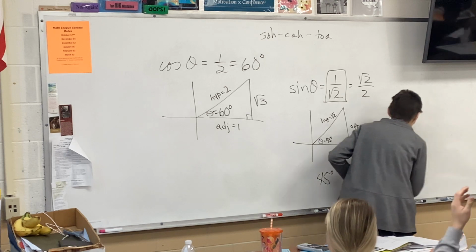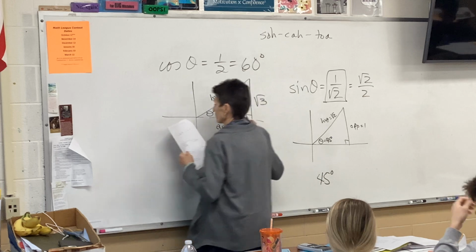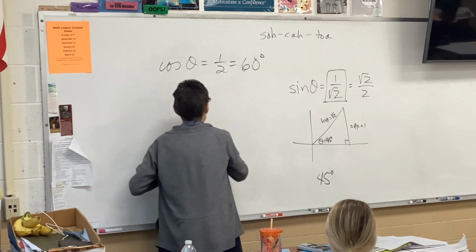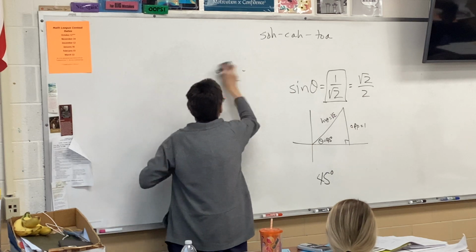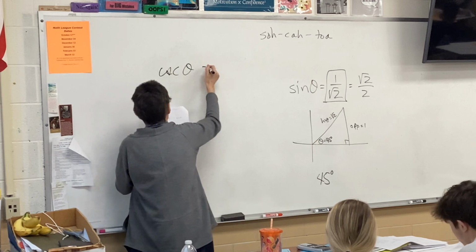You're doing great. Couple more there. All right, so cosecant is 2.